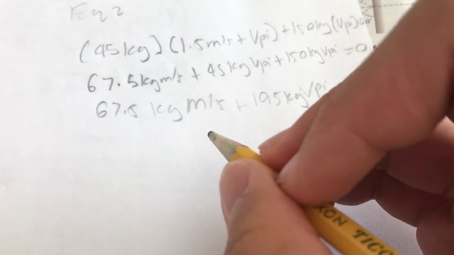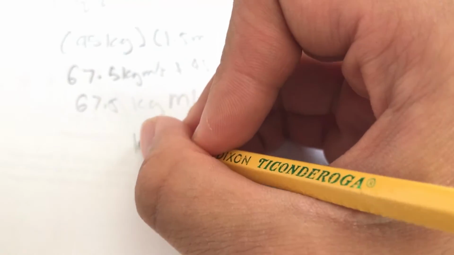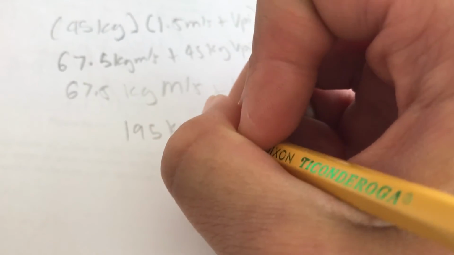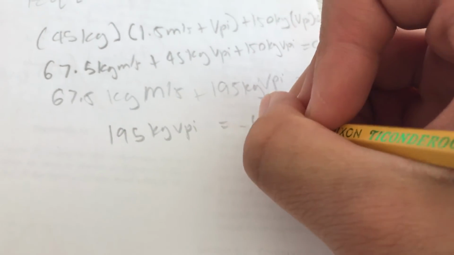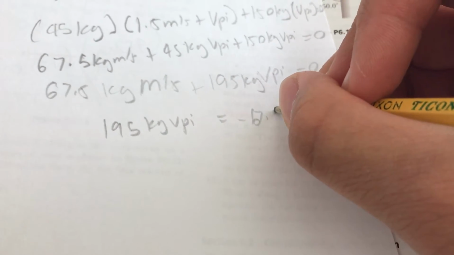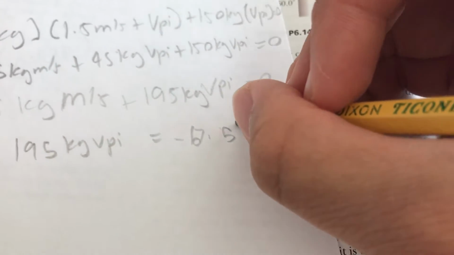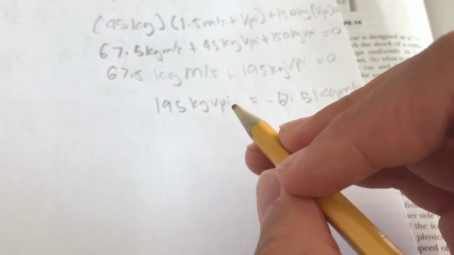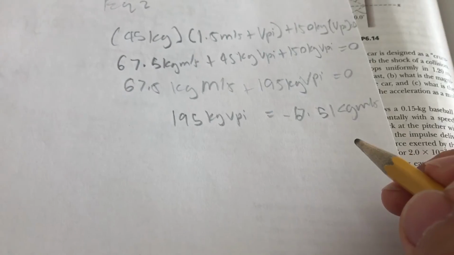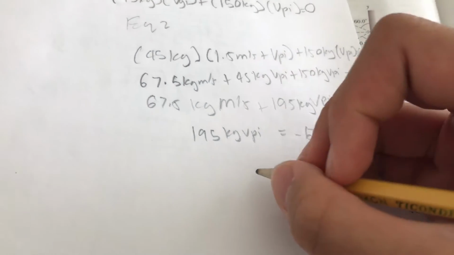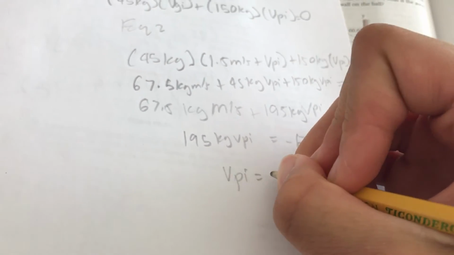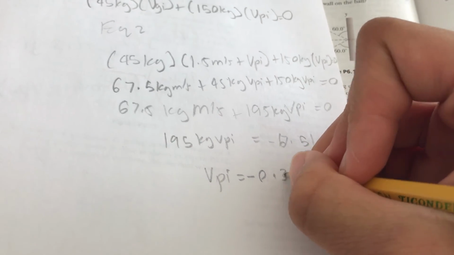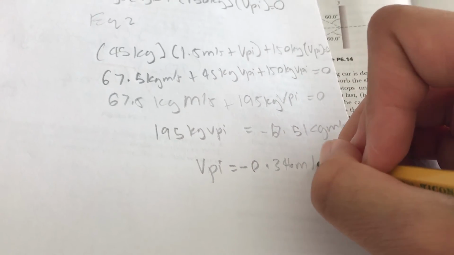And then once you subtract, that'll be 195 kg V_PI equals negative 67.5 kilogram meters per second. You can divide that in your calculator to find the value of V_PI. So once you divide that, V_PI equals negative 0.346 meters per second.